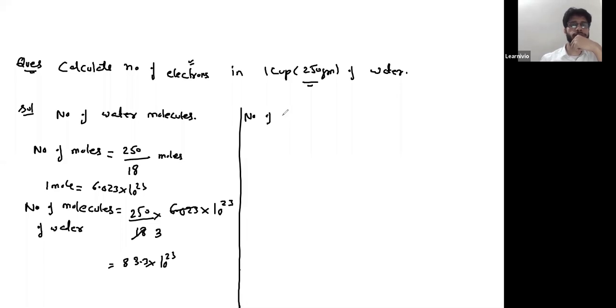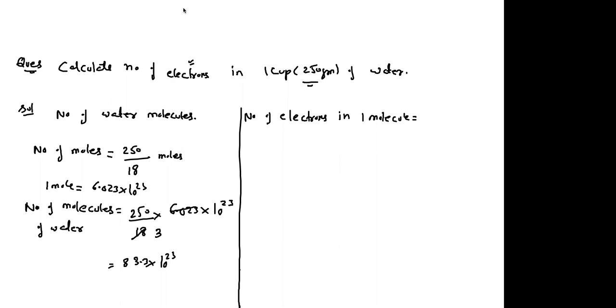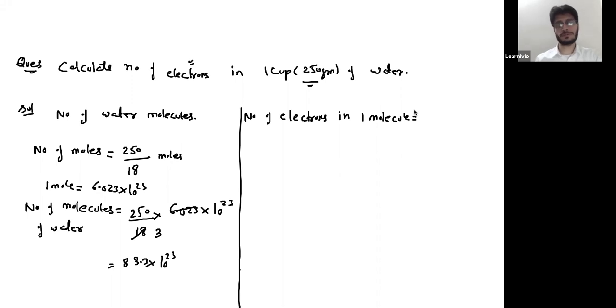The next is the number of electrons in one water molecule. What is the number of electrons in one molecule of water? Water is H2O, right? Yes. So can you just count the number of electrons in one molecule of water?